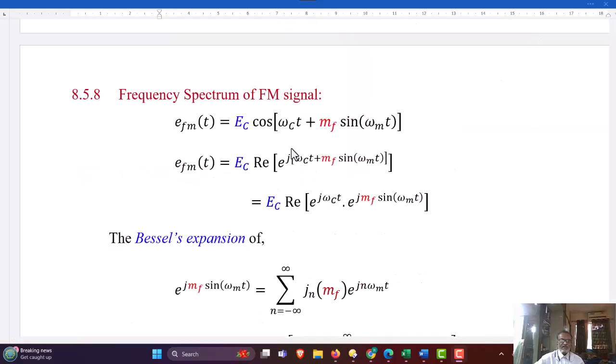Now let us see the frequency spectrum of frequency modulated signal. What is frequency spectrum? Frequency spectrum is nothing but the set of frequencies those are present in the modulated signal, and it is expressed as an XY graph.